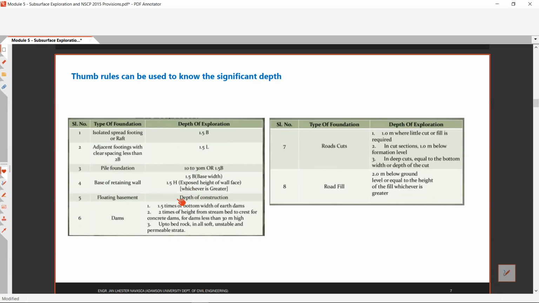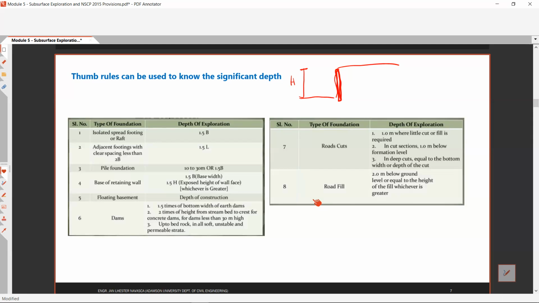Pag, if you have this retaining wall, let's say this one, and you have this retaining wall, the exposed height is this one. So ito yung retaining wall. Okay. The exposed height is this H. So for the depth exploration, you need to use 1.5H or 1.5B, whichever gives you the larger number that is your governing depth, significant depth.